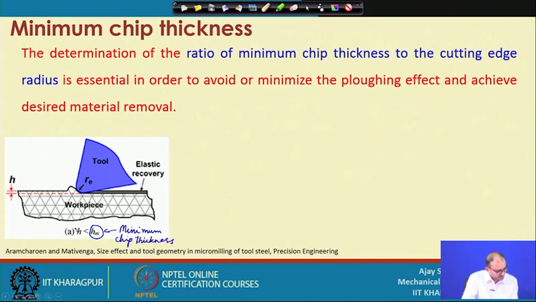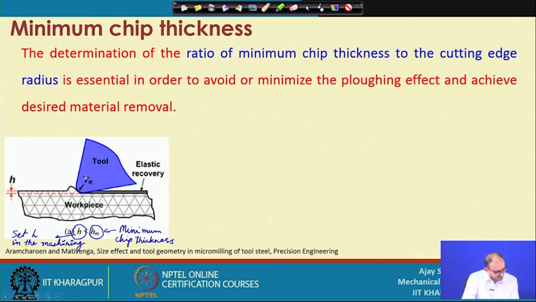Correct, and this is what we have set right now. Set H in the machining, correct. Now, consider H is smaller than HM.